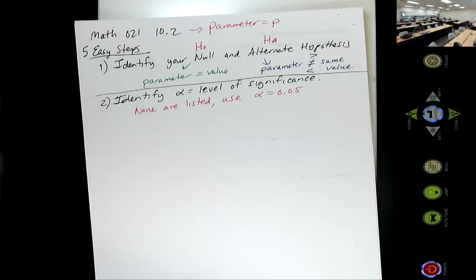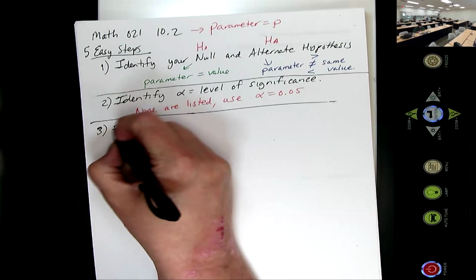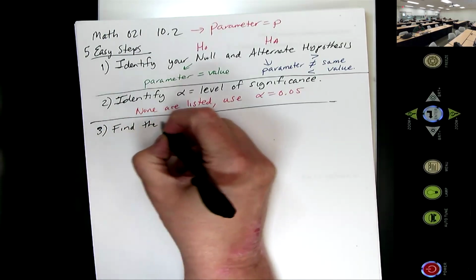Step 3 and 4 depend on what we're starting to do today. Step 3 is find the test statistic and p-value.